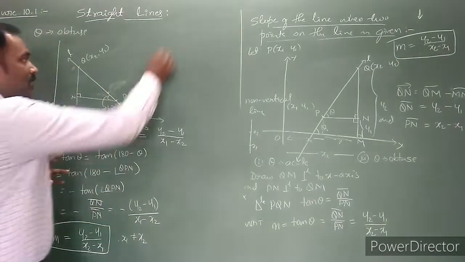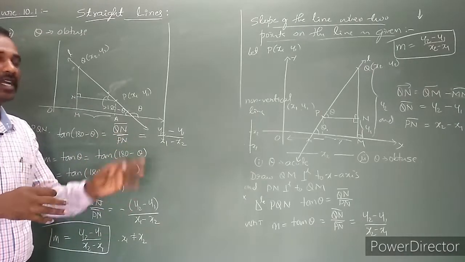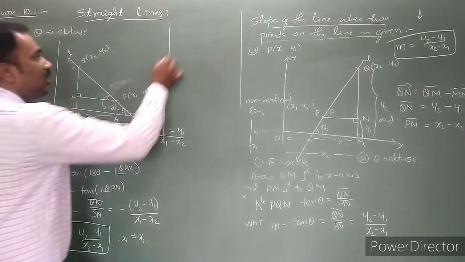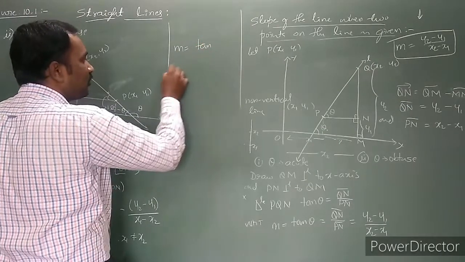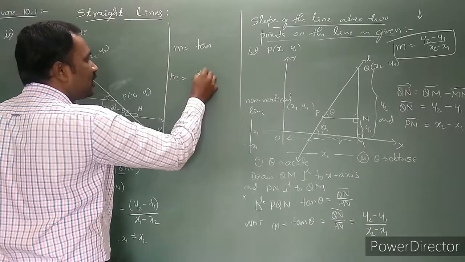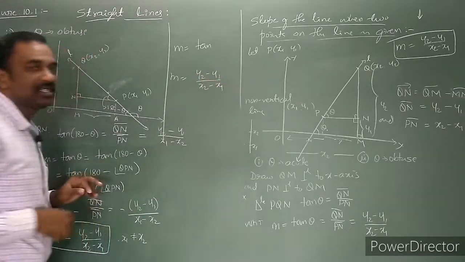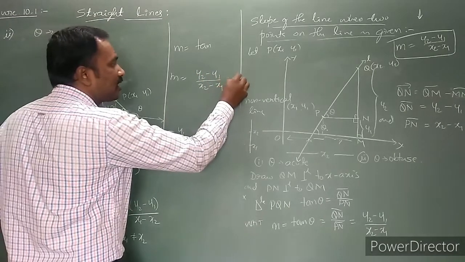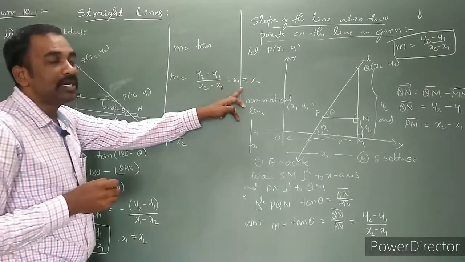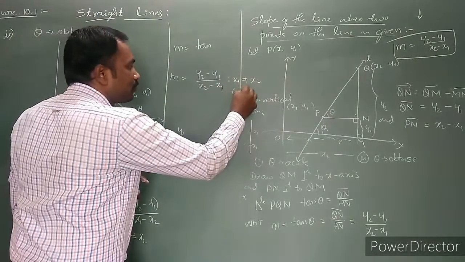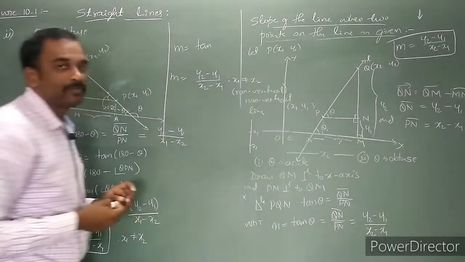Are you clear? Whatever the angle, theta might be an obtuse angle or an acute angle, the final result for the slope of the line whenever two points of the line are given is y2 minus y1 divided by x2 minus x1, provided that x1 is not equal to x2, which is nothing but a non-vertical line.